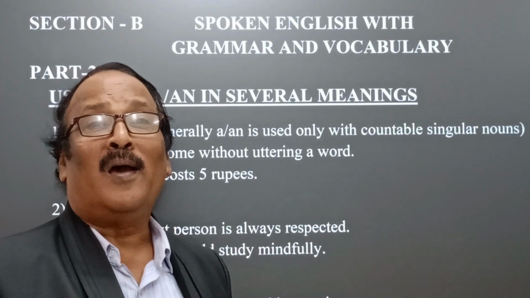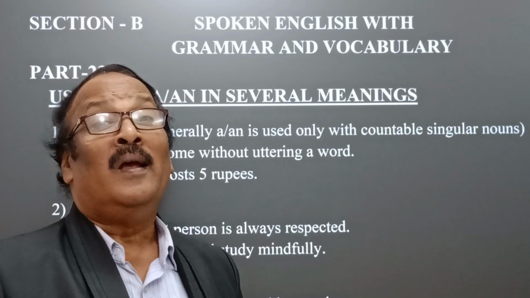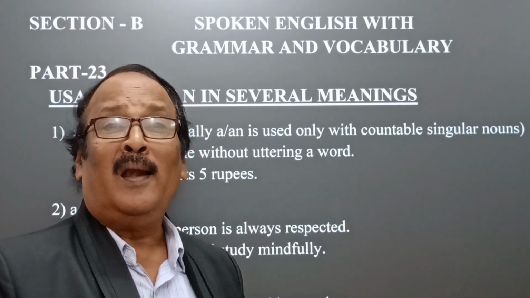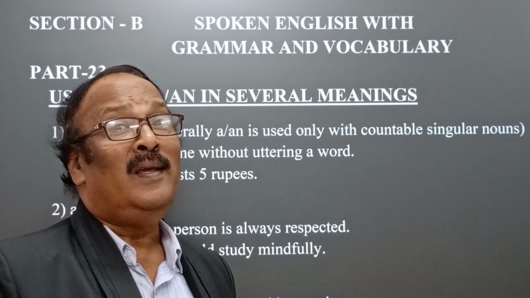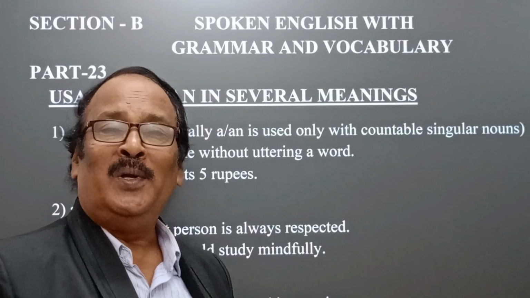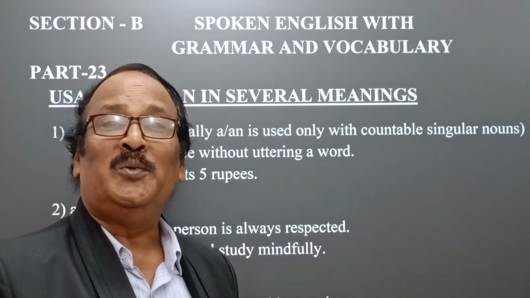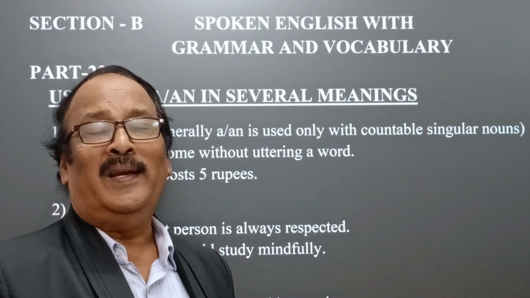Article a or an is called the indefinite article whenever it is used to indicate any head noun in an indefinite manner. Similarly, article the is used as the definite article as it is used to indicate any head noun in a definite manner.